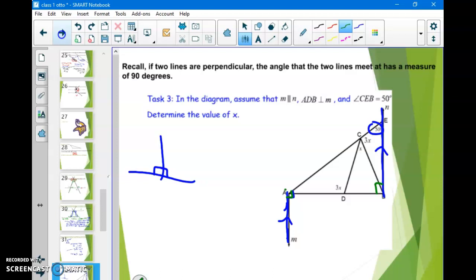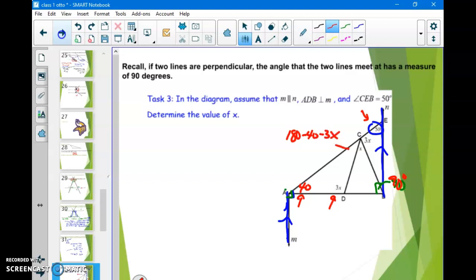And so if we know that this one is 90 by definition, a right angle makes 90. And this one up here is 50, that makes this one down here 40. So we know that. Now, I don't know if that's going to help me find x, but it certainly can't hurt to know that. We also know that if this one down here is 40 and this one's 3x, then this one up here would be 180 minus 40 minus 3x.